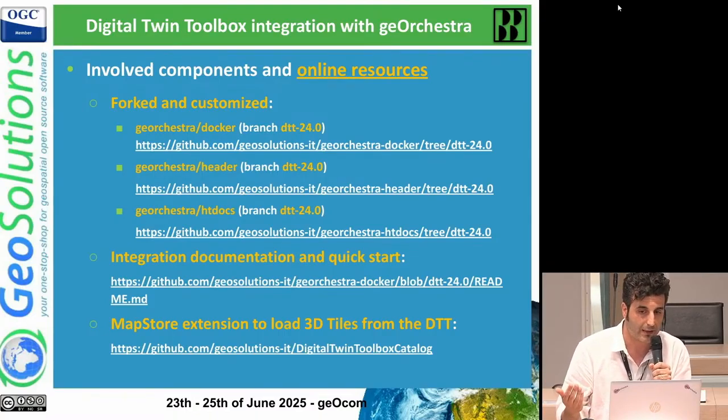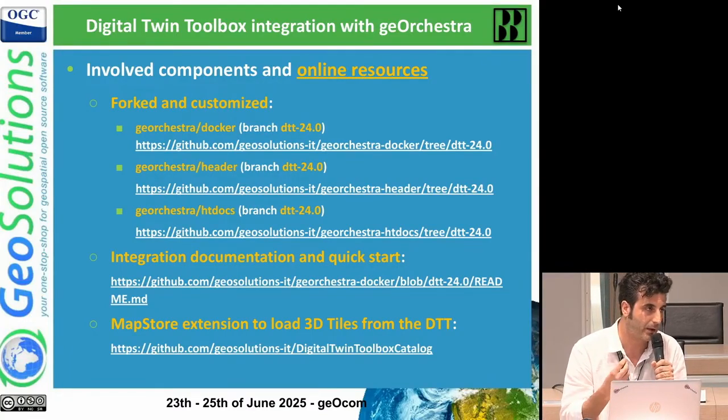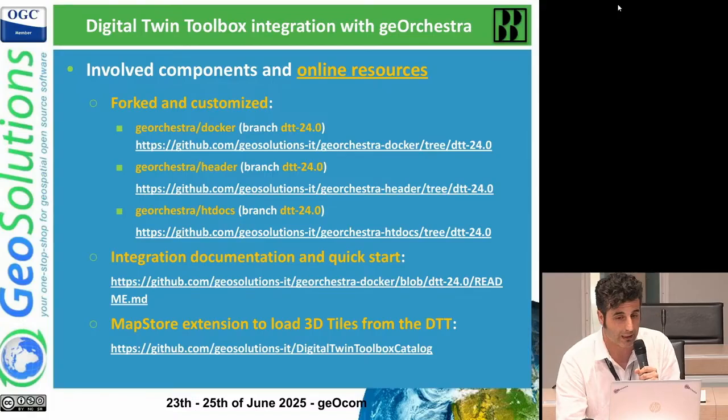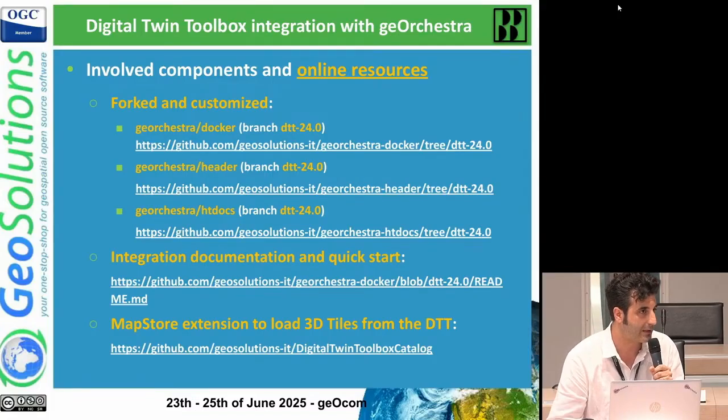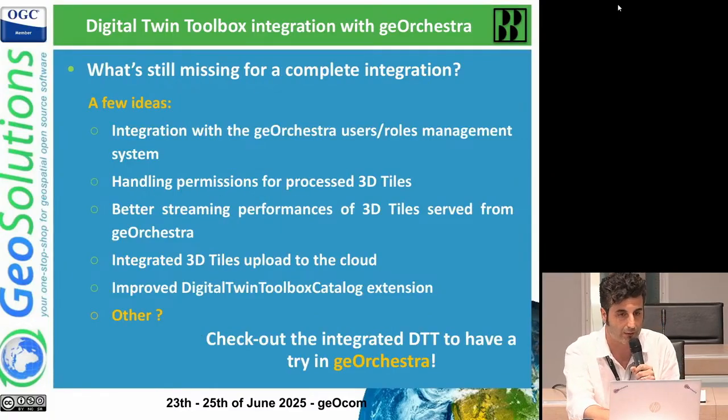We have, of course, a fork of the geOrchestra Docker repository where we have created a custom branch specific to this integration, with a README file containing all the instructions for a quick start and so on. And there is also a dedicated repository for the Digital Twin Toolbox catalog, that is the MapStore extension for browsing and loading processed 3D tiles in the main geOrchestra viewer.